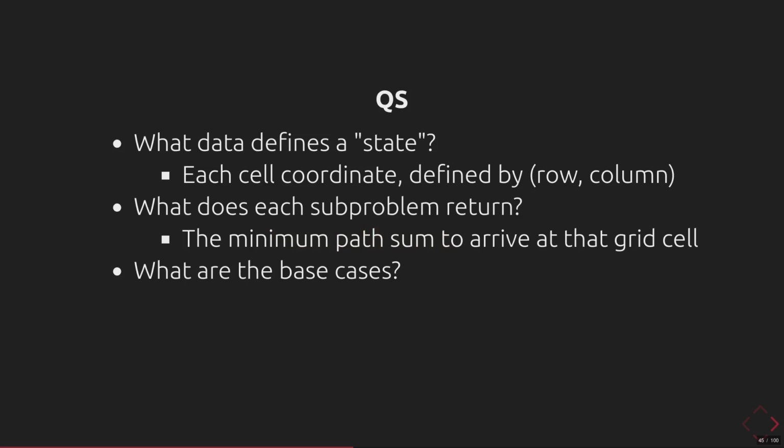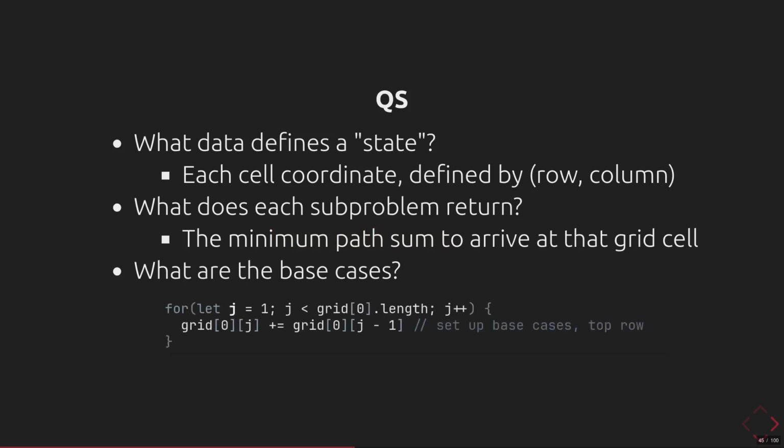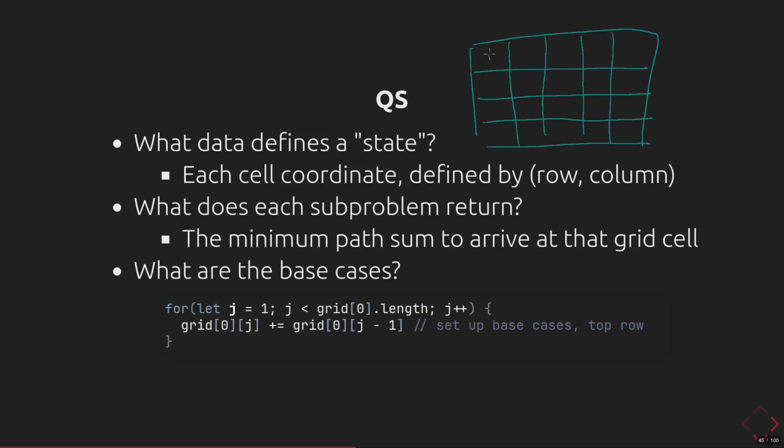And what are the base cases? Arguably, there's one, but you might also make the argument that the entire top row is just a row of base cases. Because what you can do when you start, this might spoil the next slide about how we combine subproblems. But when you go over this grid, and because of the way that subproblems relate, it's very well formed.